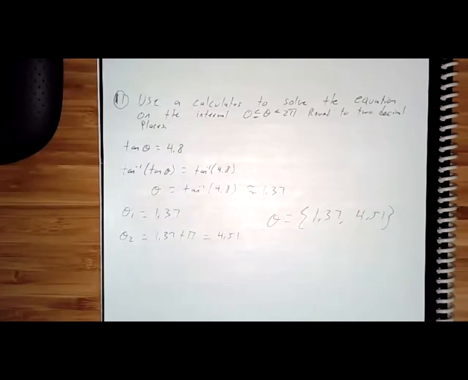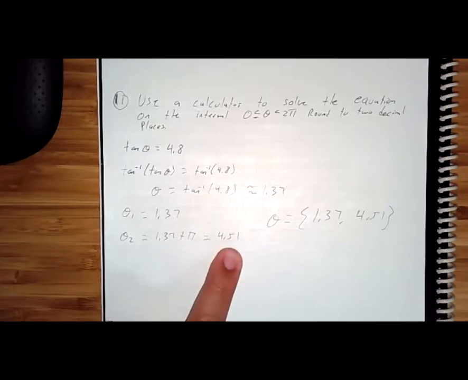Let's just pretend we did subtract pi. This would be negative, and to fix a negative angle, you would have to add 2 pi to it, which would end up getting to here anyway. So yeah, just add pi.